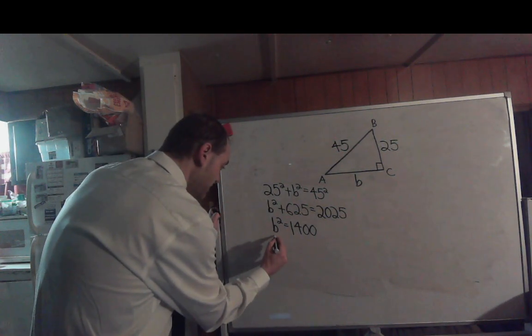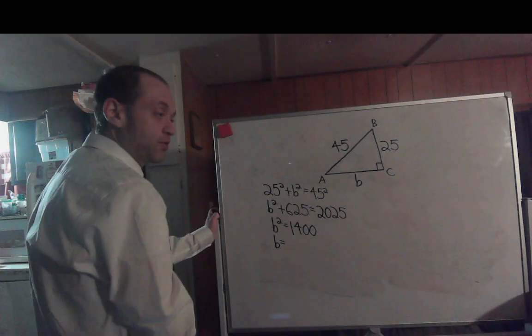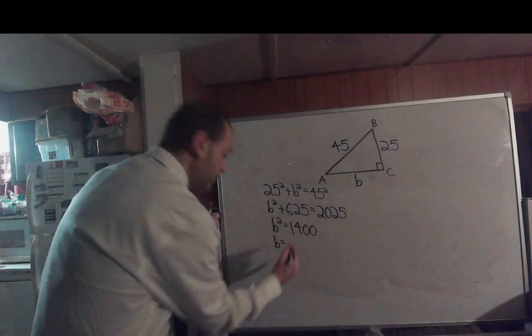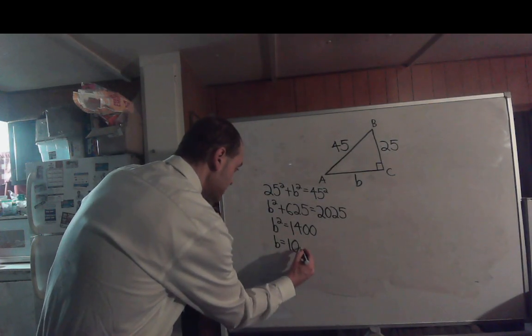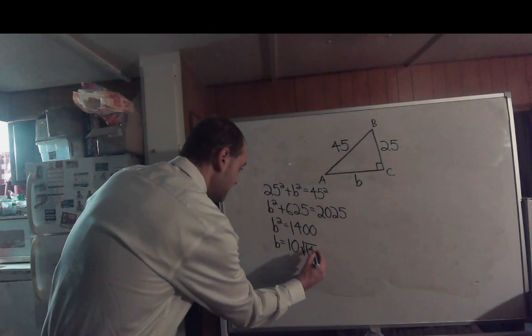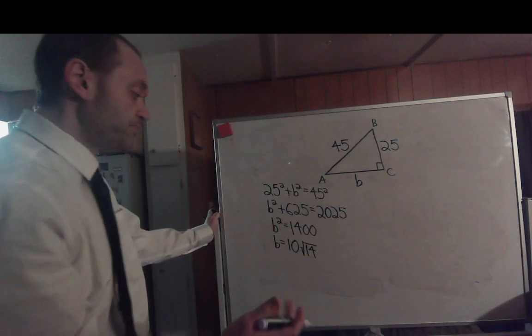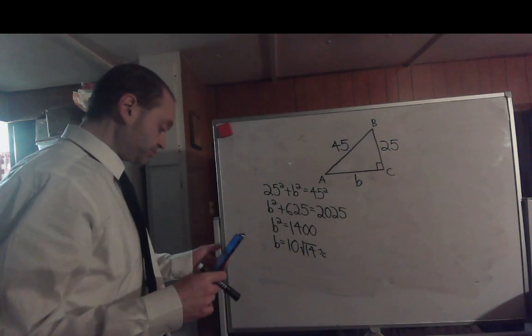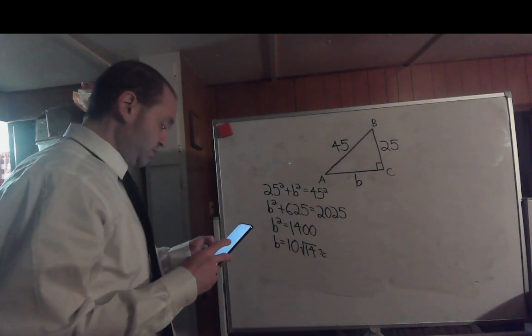So then you'll end up getting that B equals the square root of 1400, which would literally be the square root of 100 times 14. So you get that side B has a length of 10 times the square root of 14, which now we can take the decimal approximation to two decimal places.